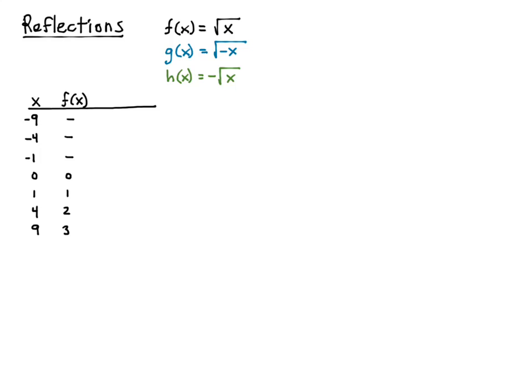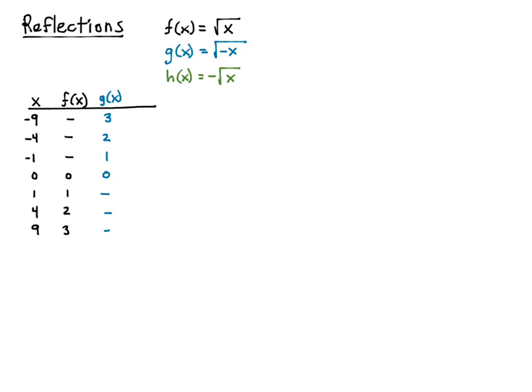If we take a bunch of numbers that are easy to take the square root of, -9, -4, 1, we don't get numbers here, so x is not in the domain of f for when x is less than 0, but we can compute it when x is greater than 0. We have just the opposite for g at x: if negative 9 is 9, we can take the square root of that.